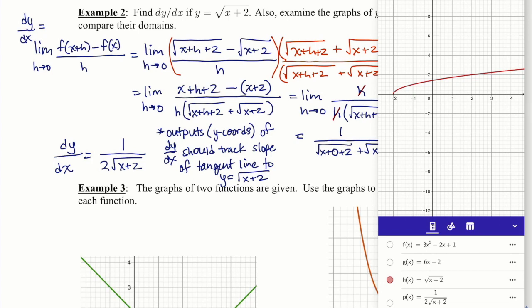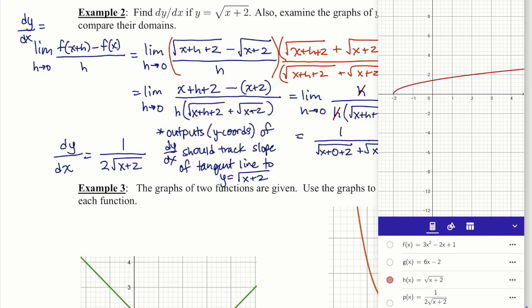And the tangent lines all are going to have positive slope, but they are less steep as I move to the right. So what I should see on the graph of the derivative is y values that are large and positive as we're close to this point, negative 2, 0, and then y values that remain positive but become less, closer to 0 as I move to the right, because this graph gets less steep as I move to the right.